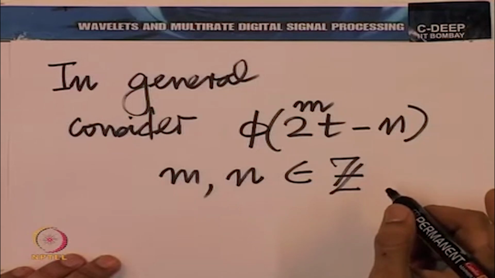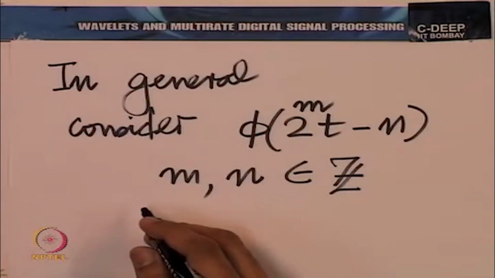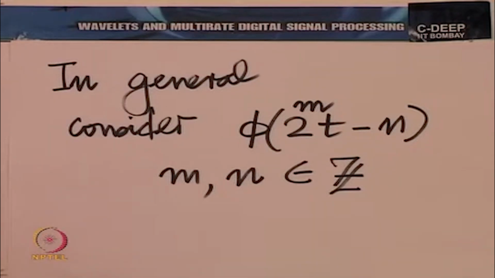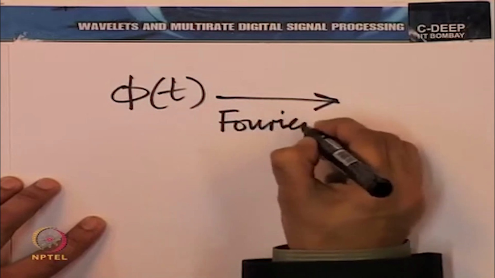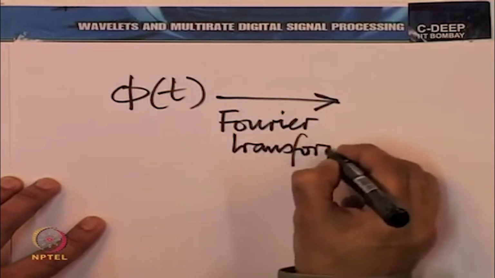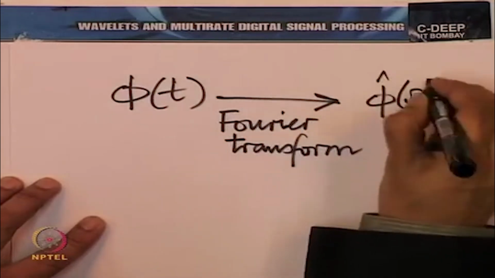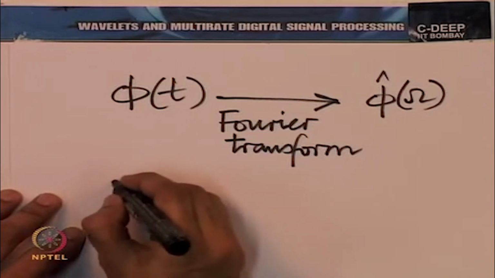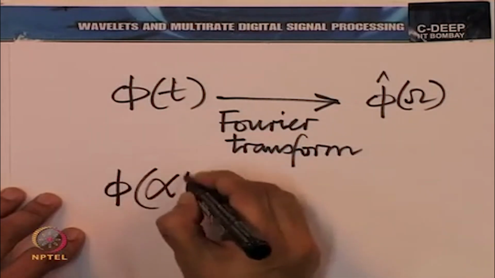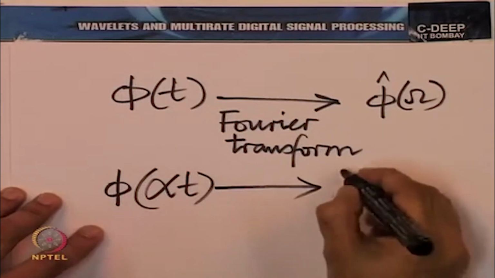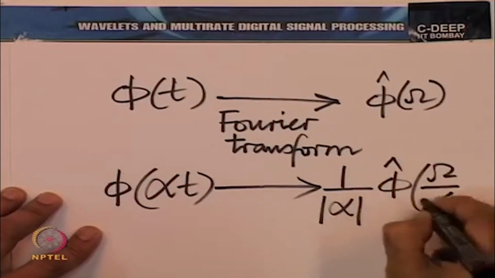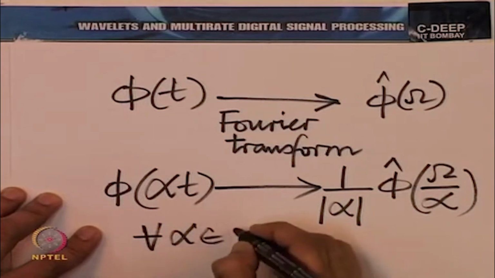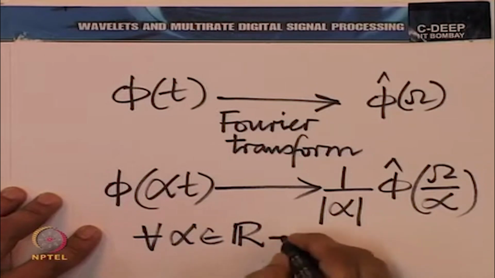Now, you will recall that there is a very simple result in the Fourier transform, which says that if phi t has the Fourier transform phi cap omega, then phi alpha t has the Fourier transform 1 by mod alpha phi cap omega by alpha for all alpha belonging to the real numbers other than 0.